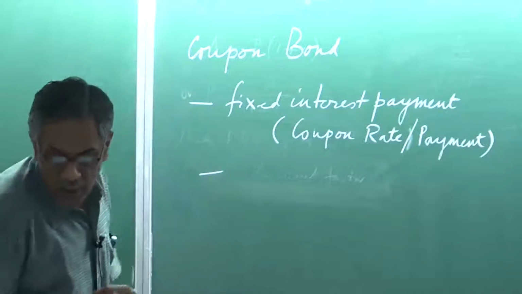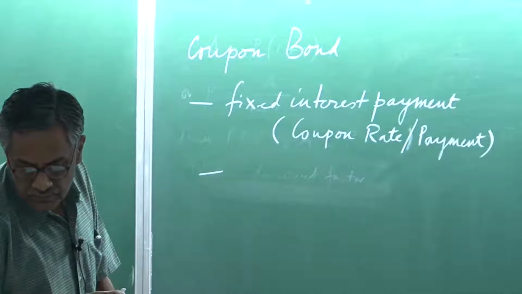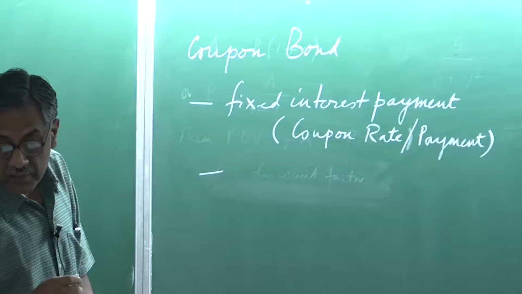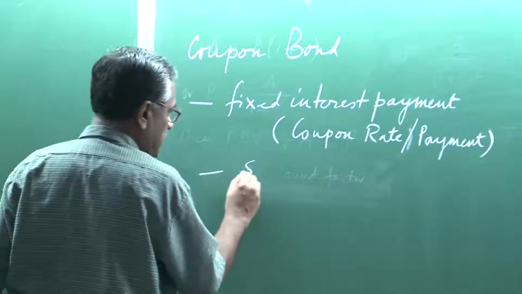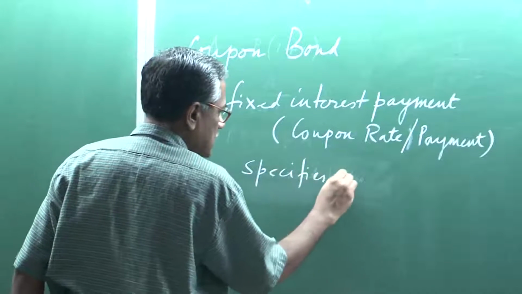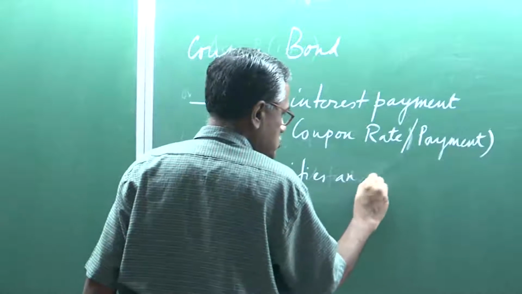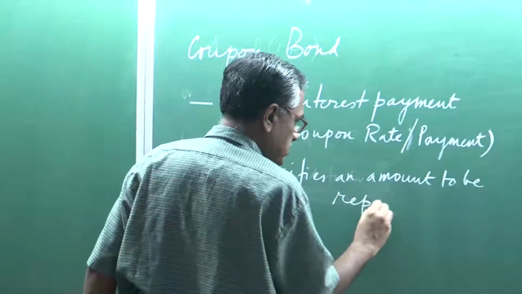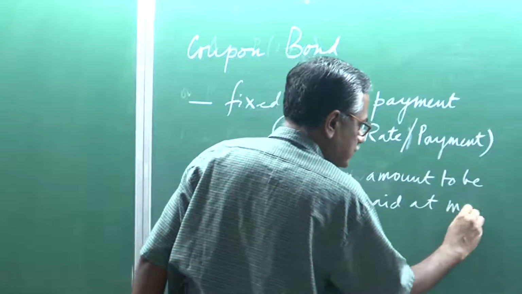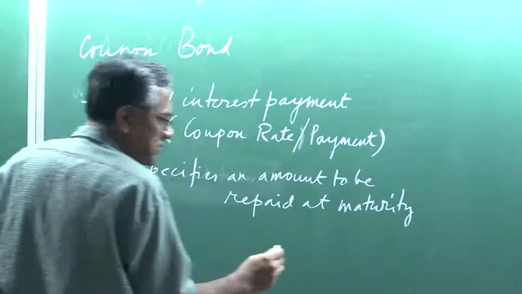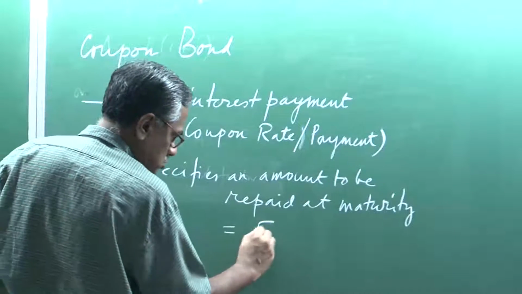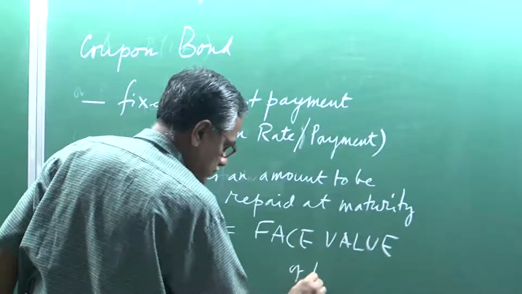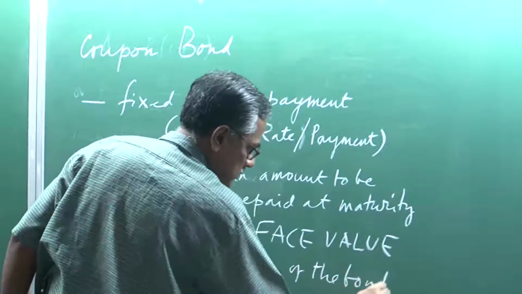Next, a coupon bond also specifies an amount to be repaid at maturity, which is usually equal to what is known as the face value of the bond. This is the face value.